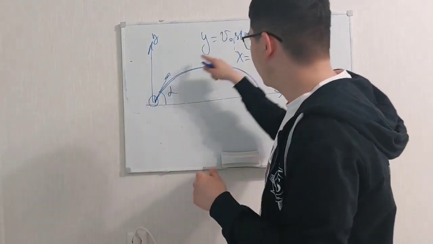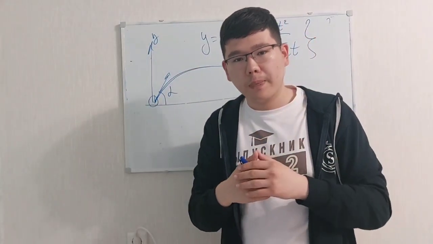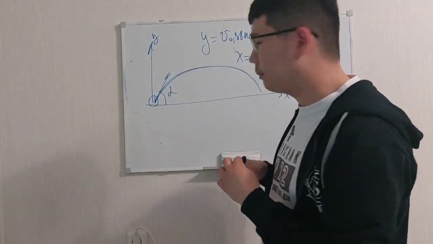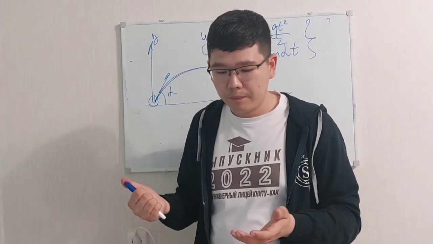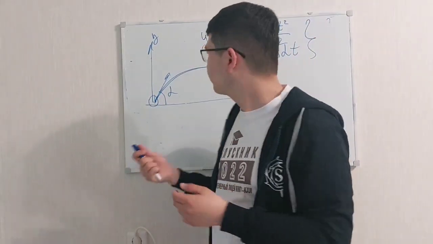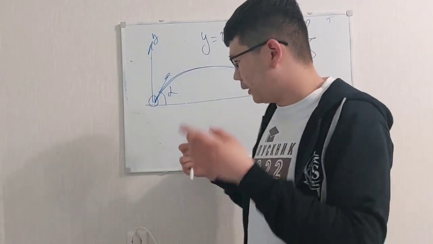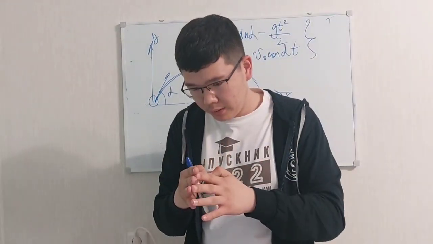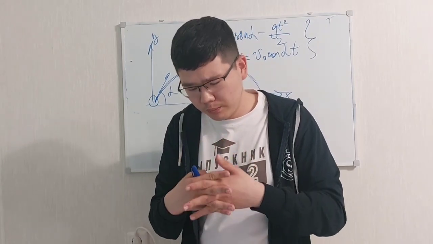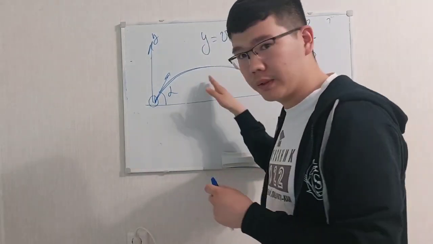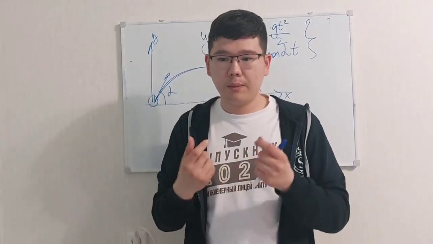The laws that describe these motions are independent, and they can be of very different kinds. The equations can have different kinds, but the result of the fact that two or three motions happen at the same time is the trajectory we see in real life. So this is the principle of superposition.